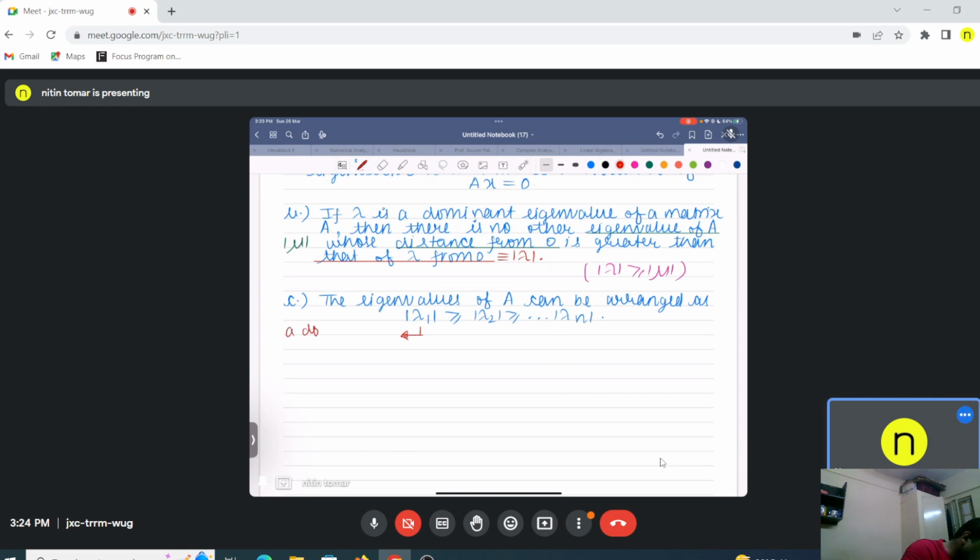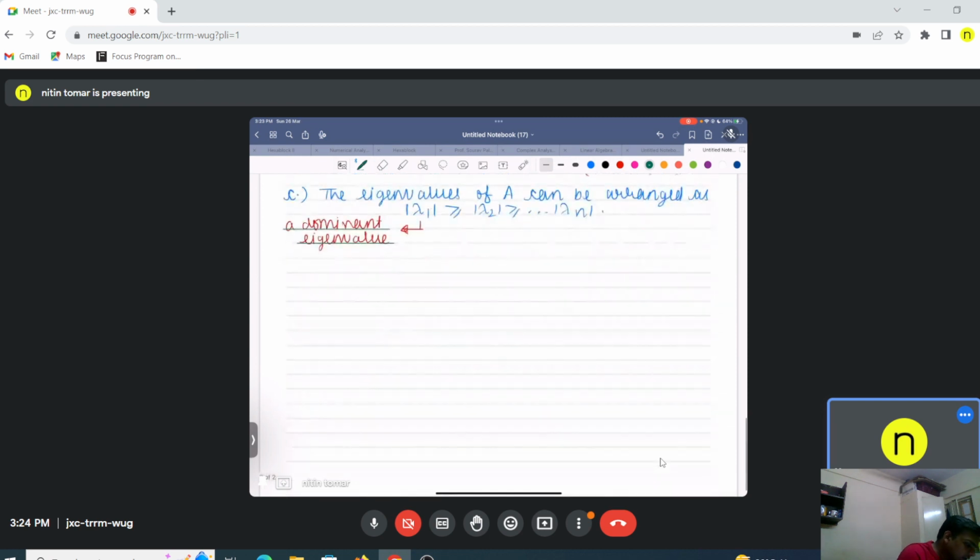This is a dominant eigenvalue. See, nowhere in the definition are we claiming the dominant eigenvalue. We are always saying a dominant eigenvalue, okay? Now, okay, so now we move towards the power method. Okay, let us do some more examples.